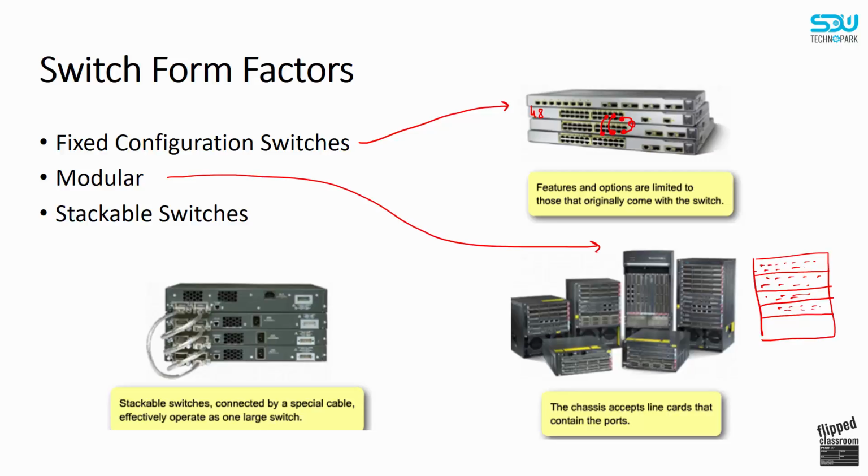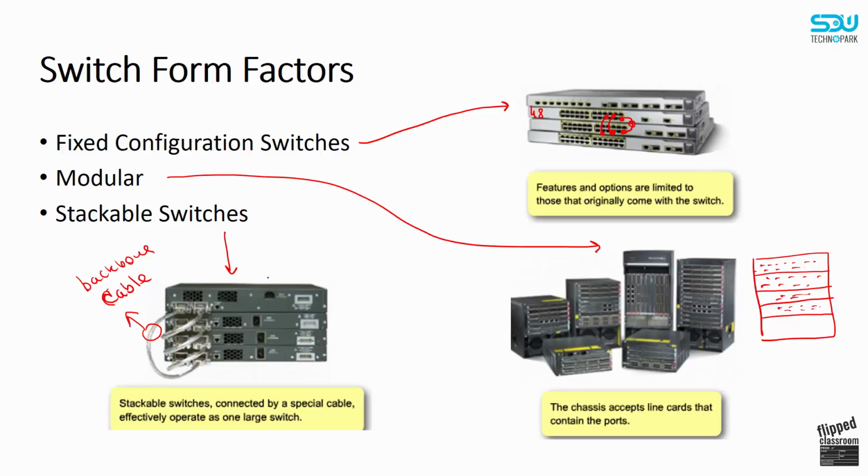Alright, and the third type of switch is the stackable switch, in which we have stackable connectivity and a backbone cable, a special cable which provides very high speed interconnectivity between the switches.